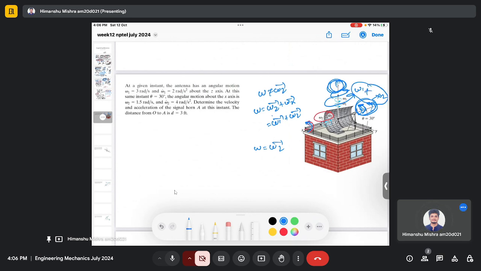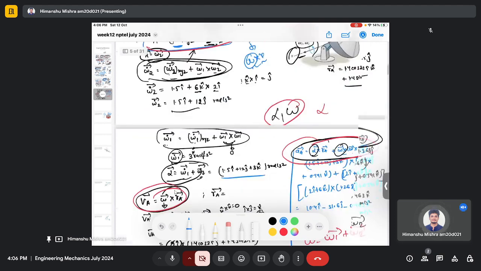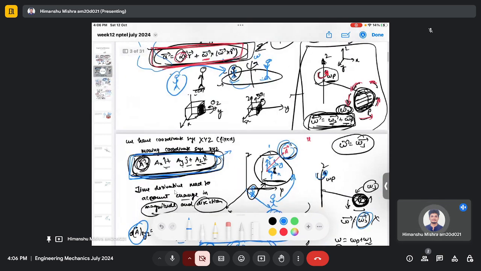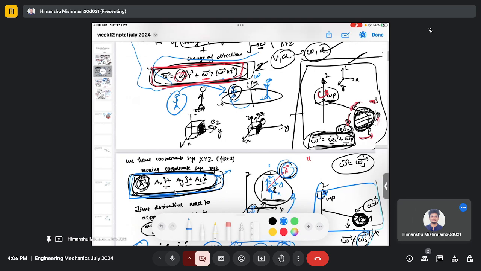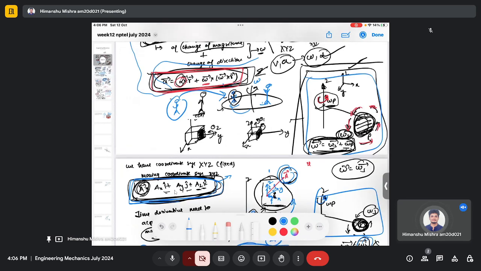This will be the resultant angular velocity of this antenna, and we have discussed that in the previous question as well as just before the previous question, from this simple example.